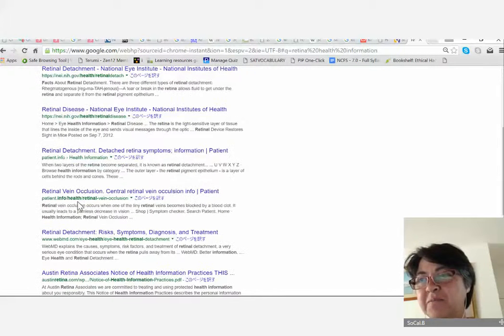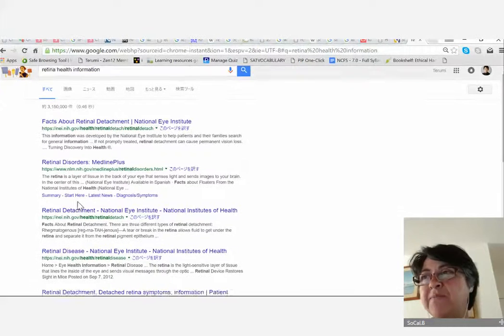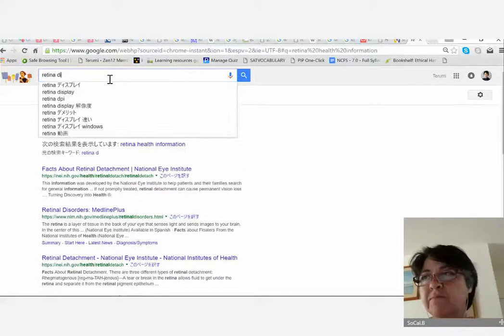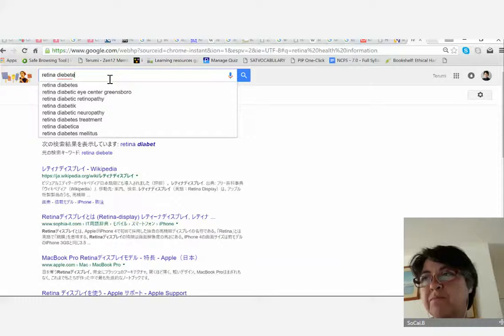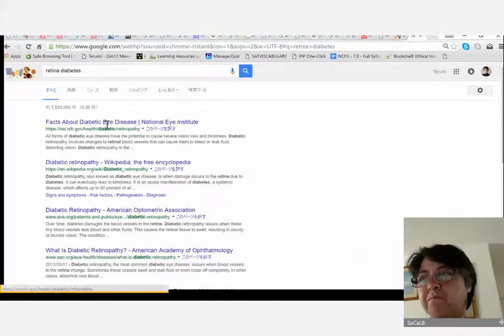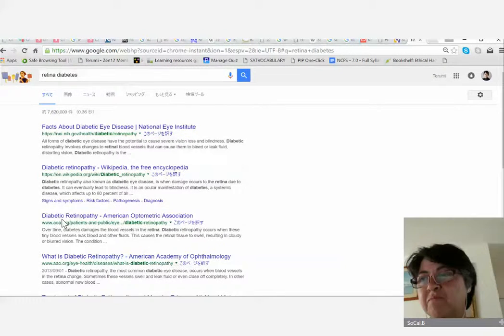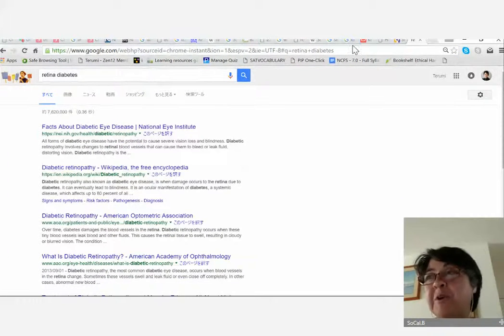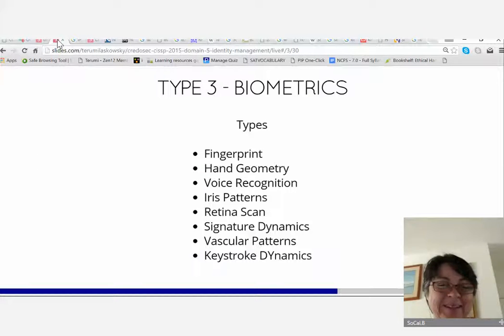Let's see, retina, diabetes. Sorry. It doesn't say, but sorry, it is in the book. I was trying to see if there was a site that actually had all the stuff that you could tell from your retina.